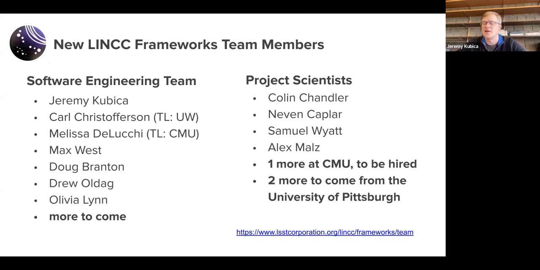The team consists of approximately, or will consist of approximately, 15 people split half and half between Seattle and Pittsburgh, with about 5 software engineers and 3 project scientists at each location. So you can see we've got most of the software engineering team in place at this time and a significant number of the project scientists. There's a link at the bottom of the page if you want to find out more about the team members. There's a little bit of biographies for each team member.